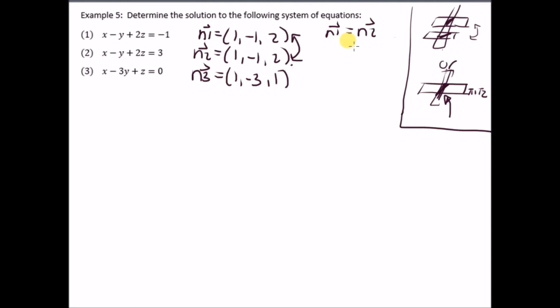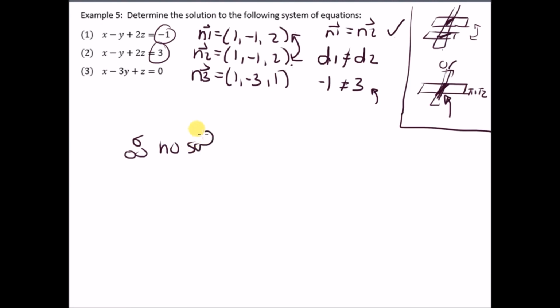Okay, n1 equals n2, so all we have to do is check the d values. Does d1 equal d2? No, they don't. One is -1 and the other one is 3. -1 does not equal 3. Therefore, these planes are parallel, but they do not lie on top of one another. Therefore, no solution.